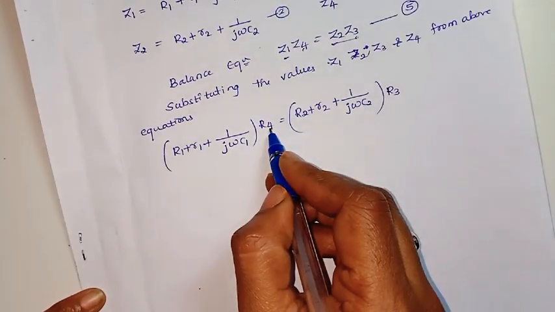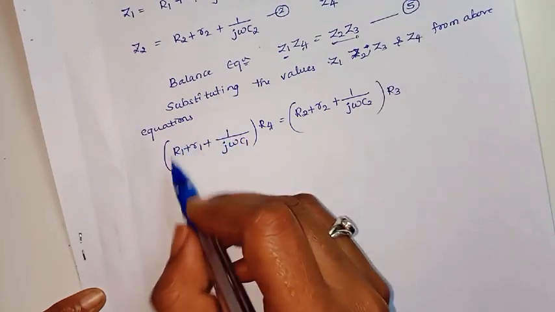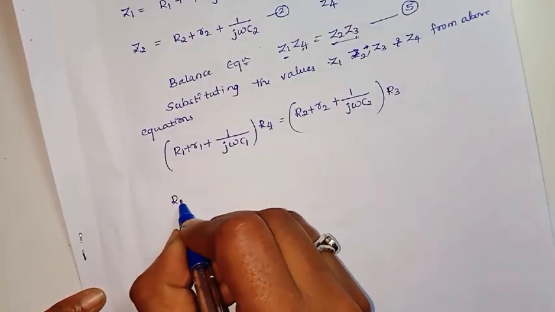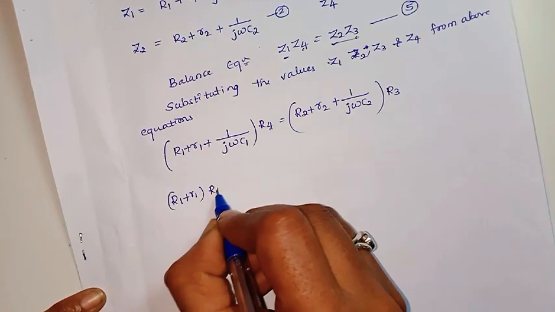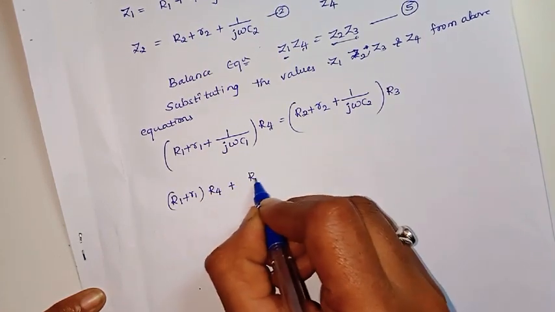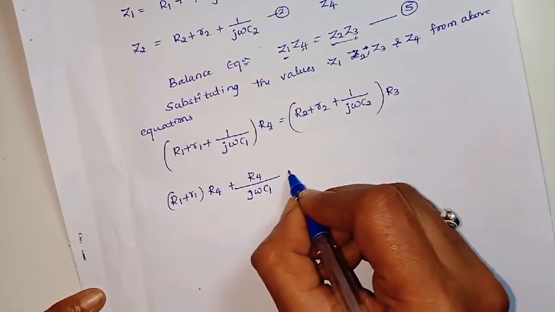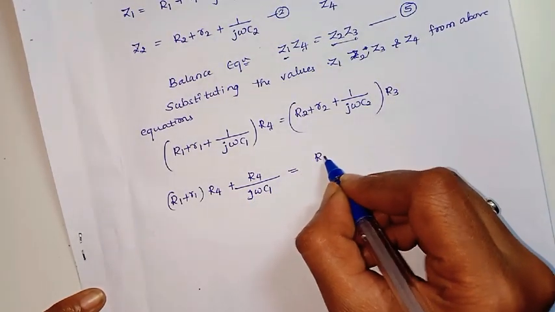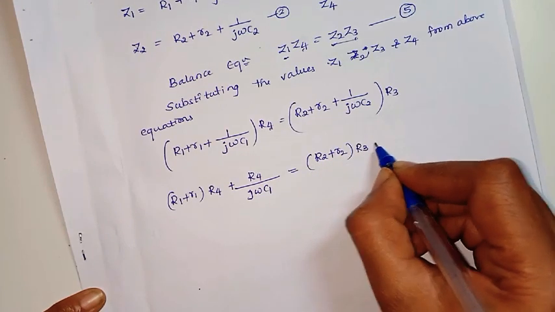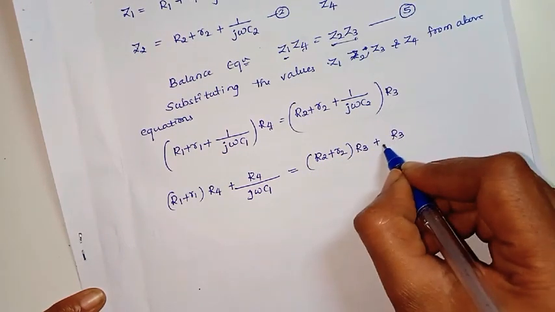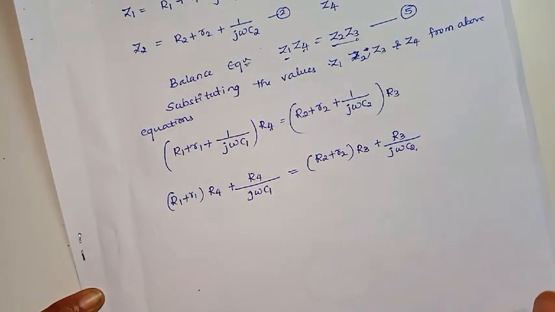So let's multiply this inside this bracket, so that we can write R1 plus R1 into the bracket R4 plus R4 divided by j omega C1, that equals R2 plus R2 into R3 plus R3 divided by j omega C2.